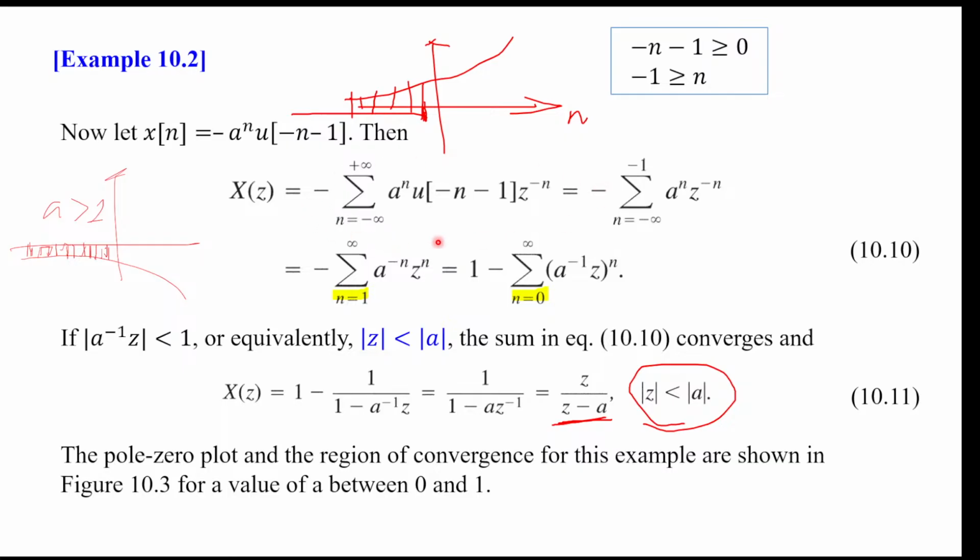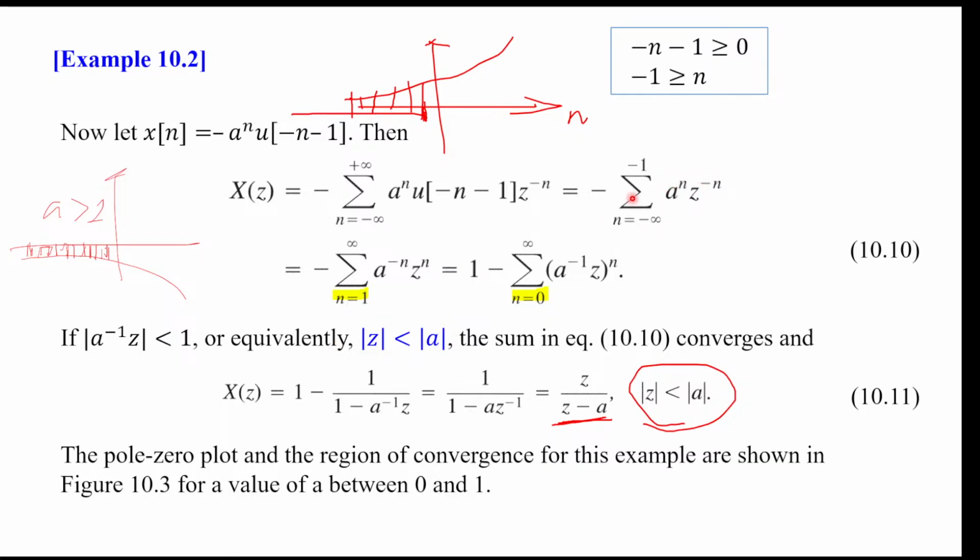Once again we use the formula of X(z): the summation of x[n], so we have the minus sign here, and a^n here, u[-n-1] times z^-n from the definition of X(z). And since u[-n-1] keeps only n less than or equal to -1, our summation changes from minus infinity to plus infinity to minus infinity to -1. Then we do a change of variable, changing n to minus n.